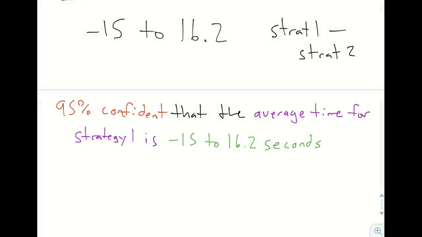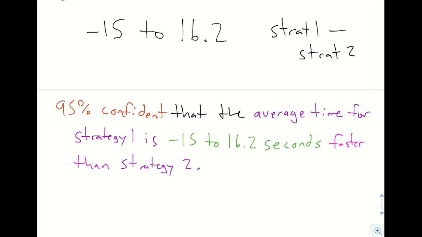And then we always want to be comparing. We want to say faster than, and then we want to compare it to the other option, in this case strategy 2. So the average time for strategy 1 is -15 to 16.2 seconds faster than strategy 2.